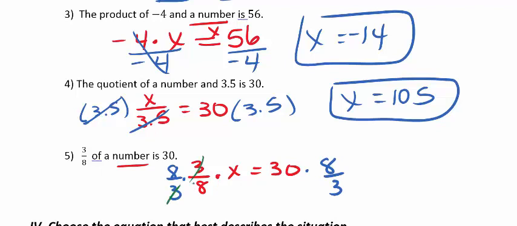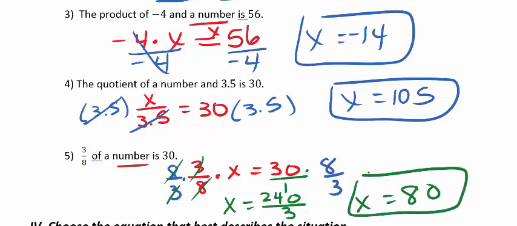And now this 3 and 3 divide out, this 8 and 8 divide out, and we get x alone. Now I can put that 30 over 1. When I multiply across, I get 30 times 8 is 240. 1 times 3 is 3. And then 240 divided by 3 is going to be 80.